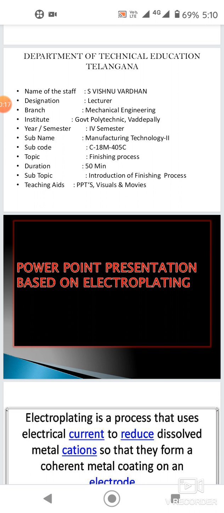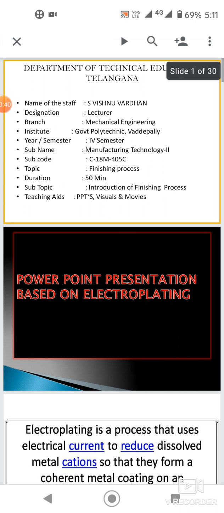My subject is Manufacturing Technology for diploma candidates. Subject code M405C.